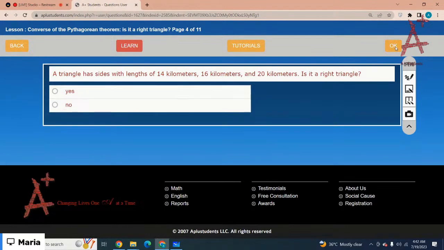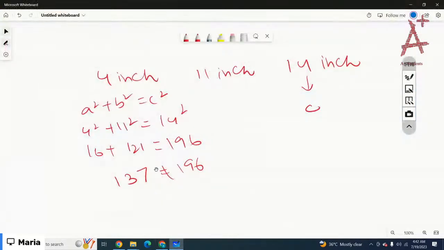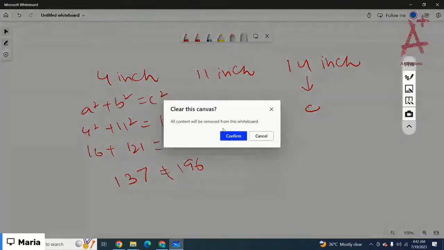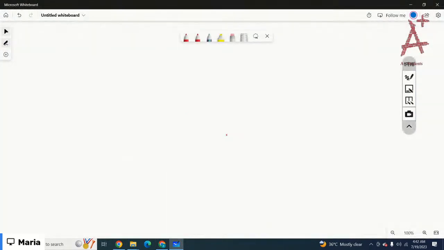A triangle has the side lengths of 14 kilometer, 16 kilometer, and 20 kilometer. Is it a right angle triangle? 14, 16, and 20. The longest is always the hypotenuse c.